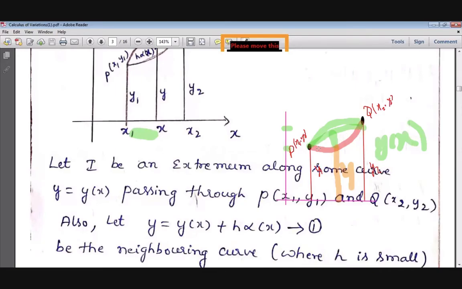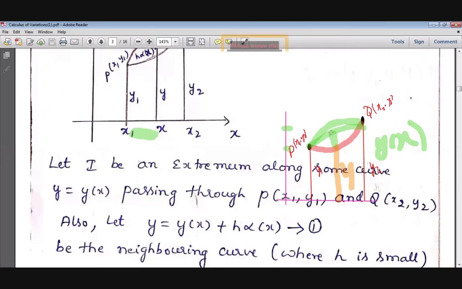Sorry, correct, that will become minimum. Correct, right? If this green line comes below this line, both will be minimum only. If this pink one comes above this green one, that will be maximum.